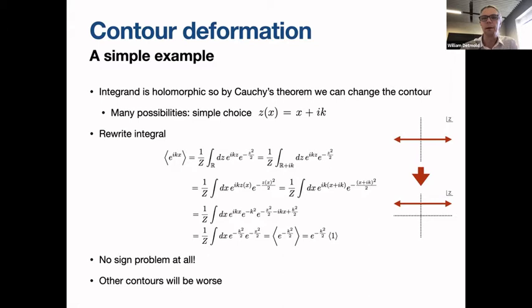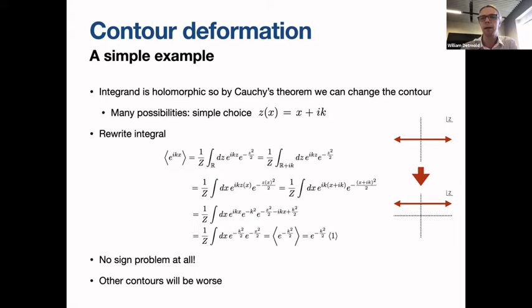And then I'm going to do a change of variables from z to x on the second line. So we're just going to insert that z is x plus ik here. Now, change of variables from integral dz to integral dx in principle has a Jacobian, but in this case, the Jacobian is 1, so there's no factor.